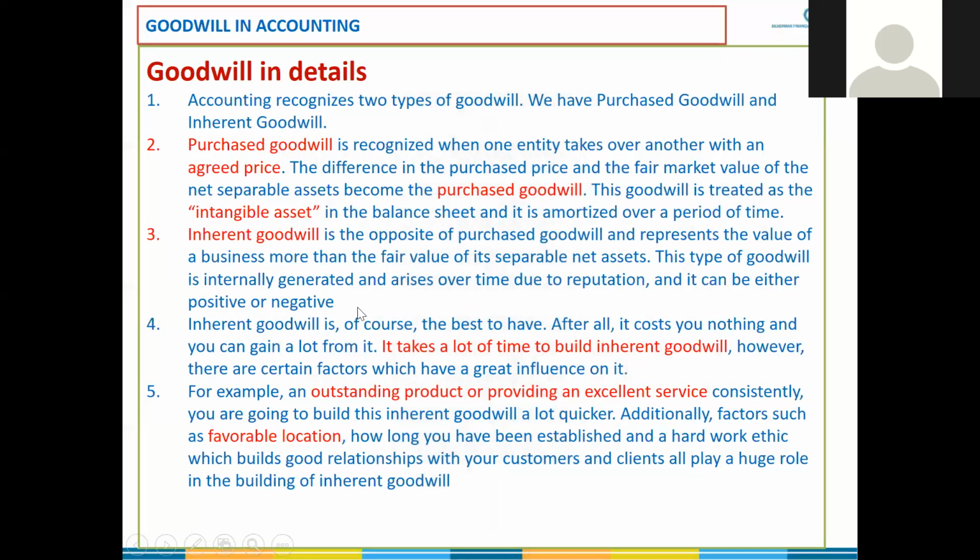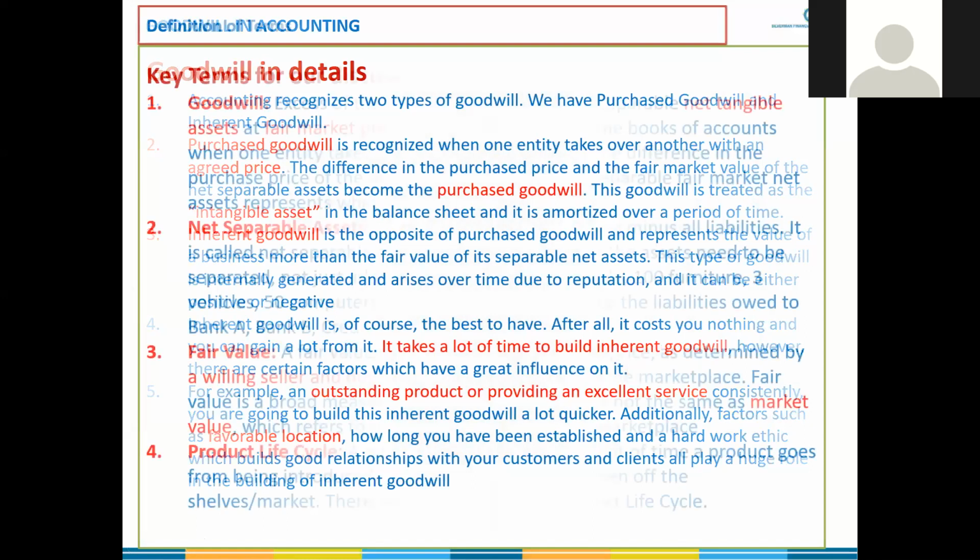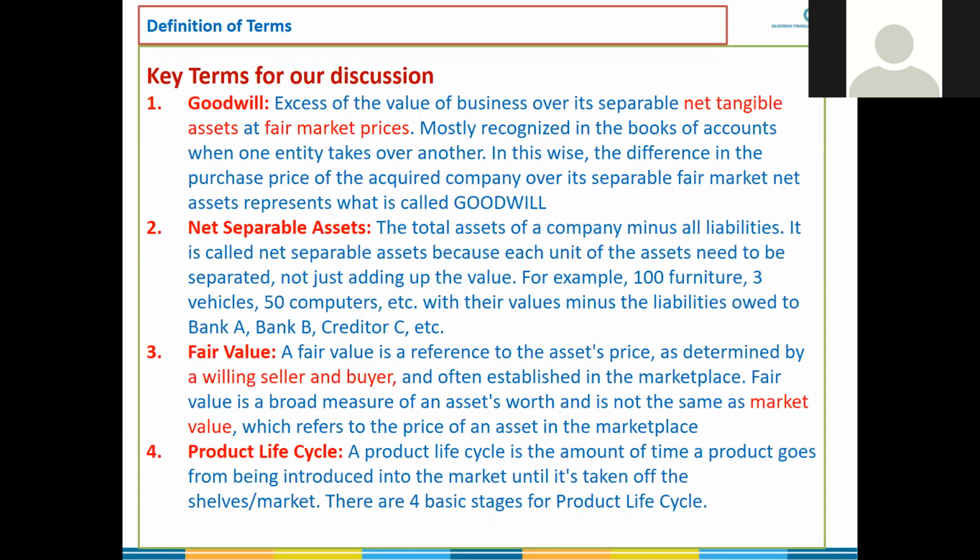So we are looking at the goodwill definition, the net tangible assets at fair market prices. It is mostly recognized in the books of accounts when an entity takes over another. In this way, the difference in the purchasing price of the acquired company over its separable fair market net asset represents what is called goodwill.